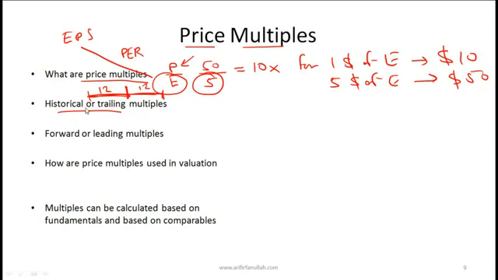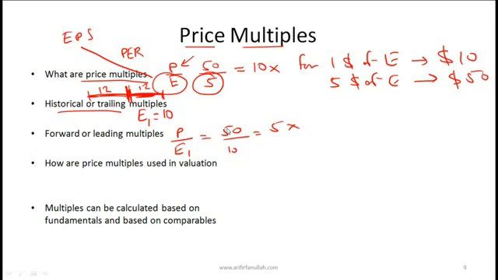Now assume that this company is doing extremely well, and let's say that over the next year we are expecting earnings, so E1, which is a forecast, is equal to 10. So we expect that over the next 12 months, the earnings will be 10. Then the PE ratio would be P over E1, which is equal to 50 over 10, which is equal to 5 times.